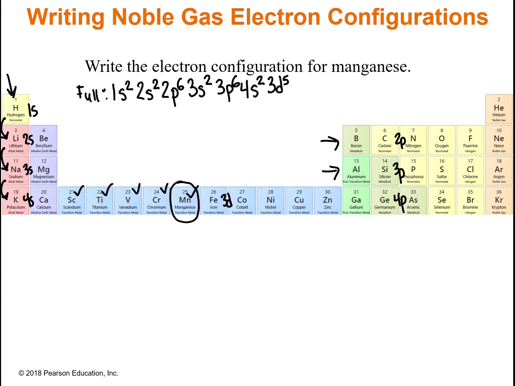So just by a show of hands, or you can say me, how many people were able to write that full configuration correctly? So if you were not, that's okay.